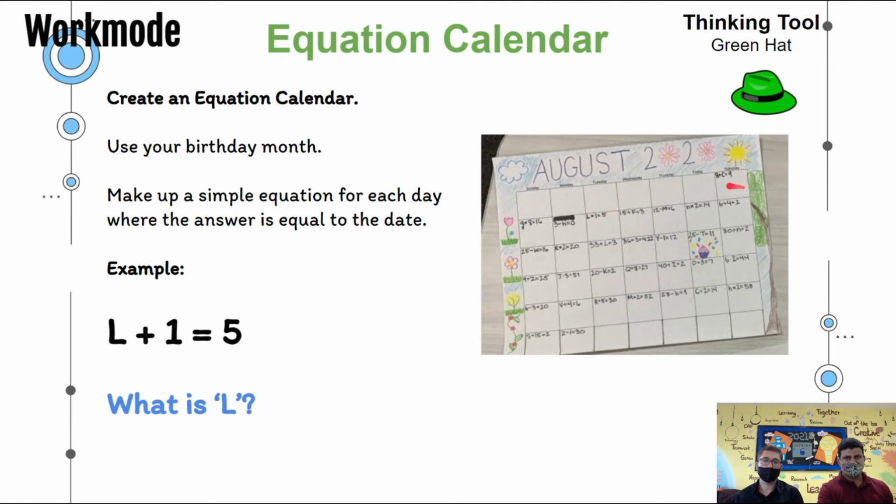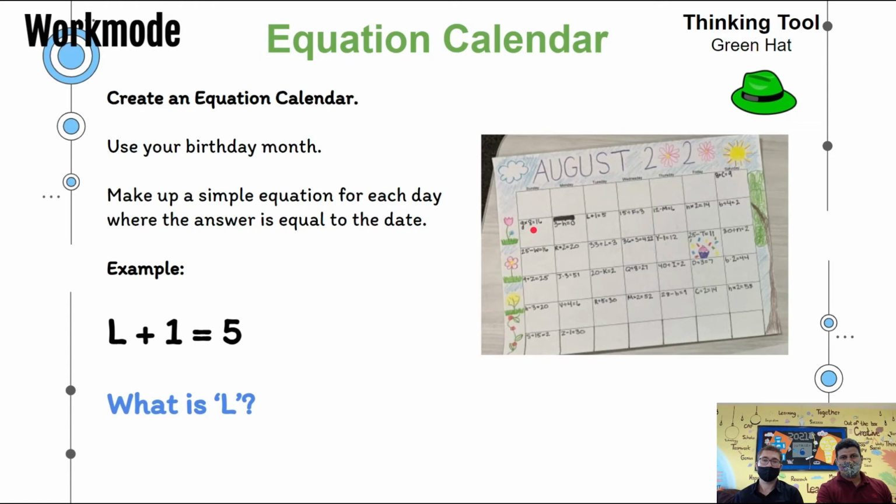So for number 1, when the date is number 1, you can make any equation of your own. So you can say 8 plus x equals 9. Okay, 8 plus x equals 9. So x is 9 minus 8, which is 1. Okay, for date number 2, you can think of another one.